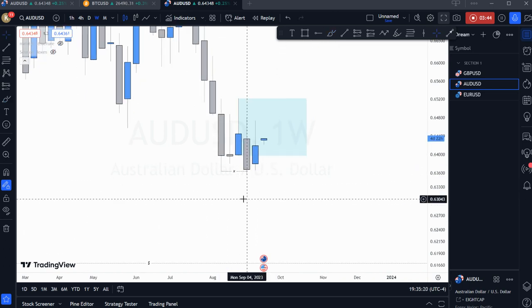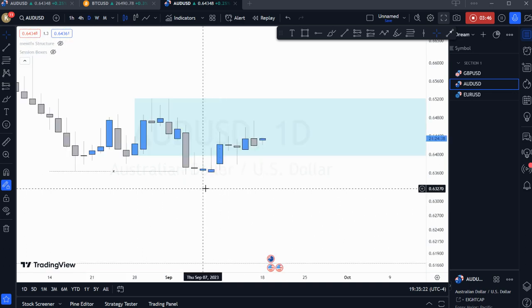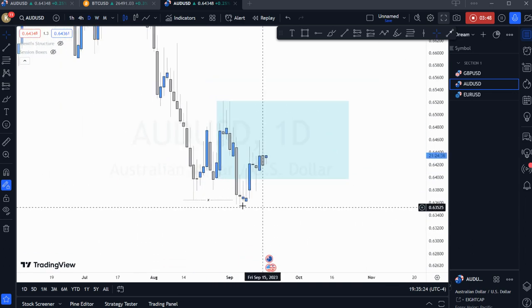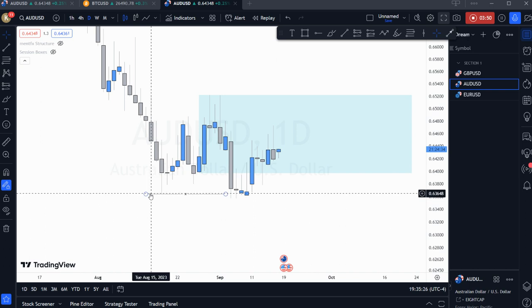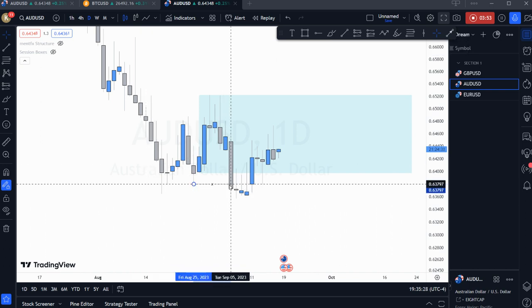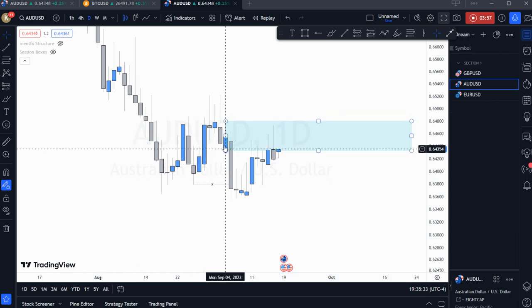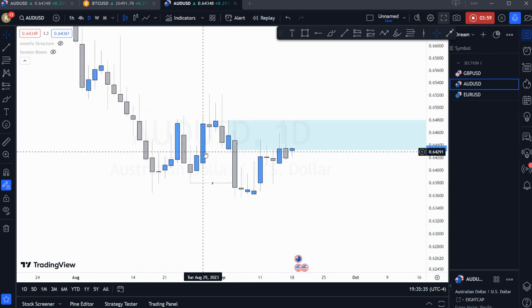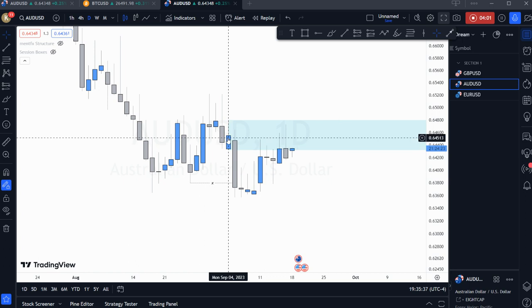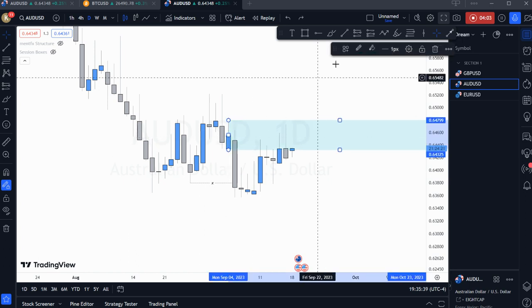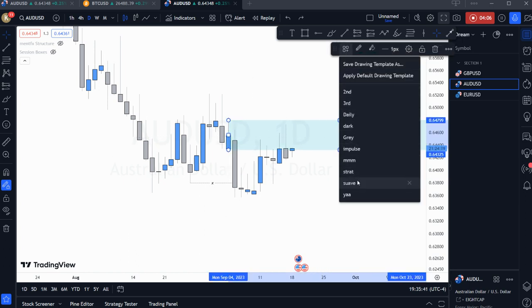So from this weekly, I'll go to the daily, and what you'll find is the actual impulse responsible for the break, that being this right here, and the inefficient candle that we're looking for being this one that always shows itself when a weekly candle breaks. So this is the inefficient candle we're working with for today's analysis.